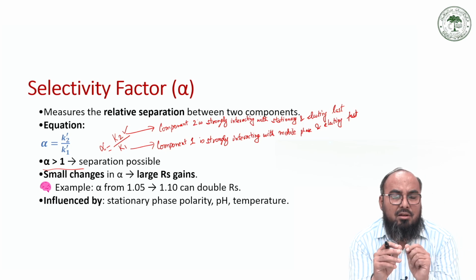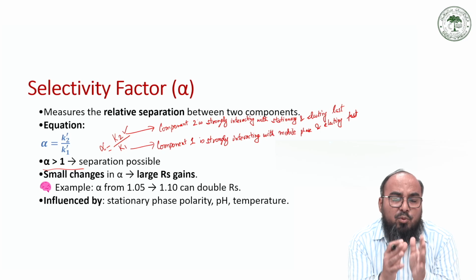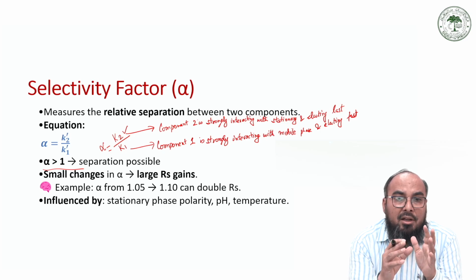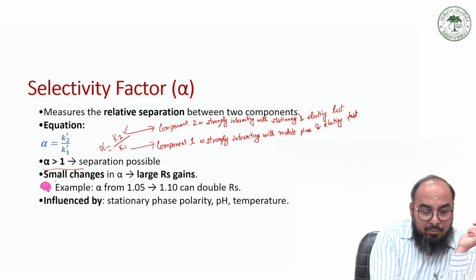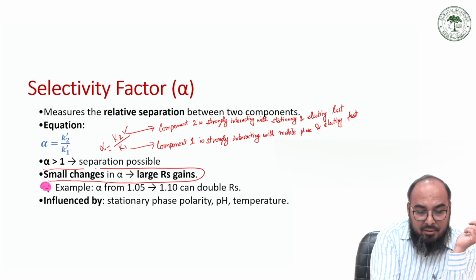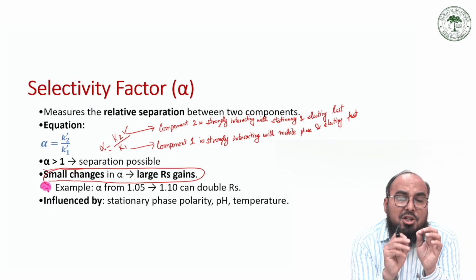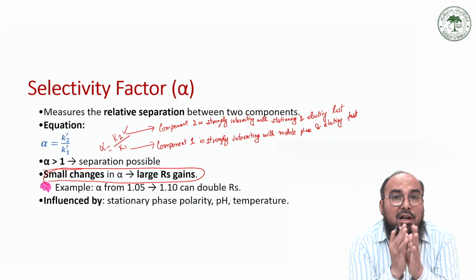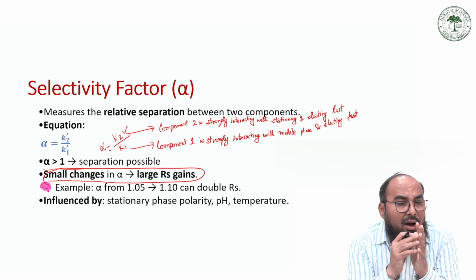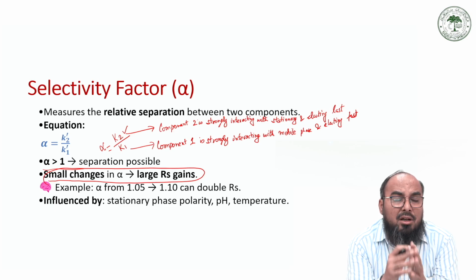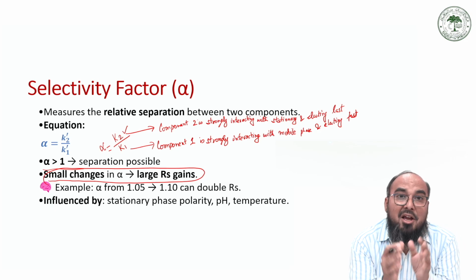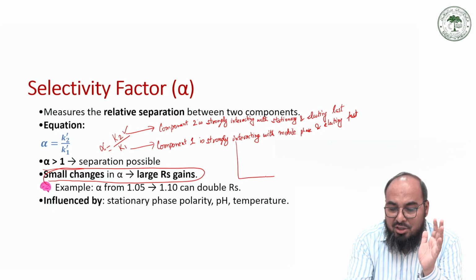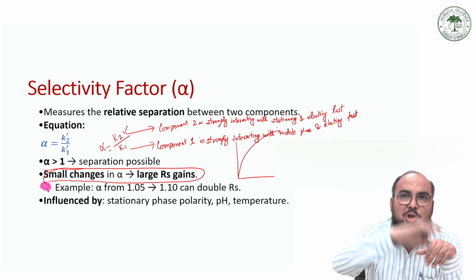Now the most important thing at this point of time which we have to keep in mind is that out of the three factors, that is n, k dash and alpha, the most important is alpha. Even a very small change in alpha can have a large impact on the resolution, because alpha changes the resolution in an exponential manner, not in a linear manner.